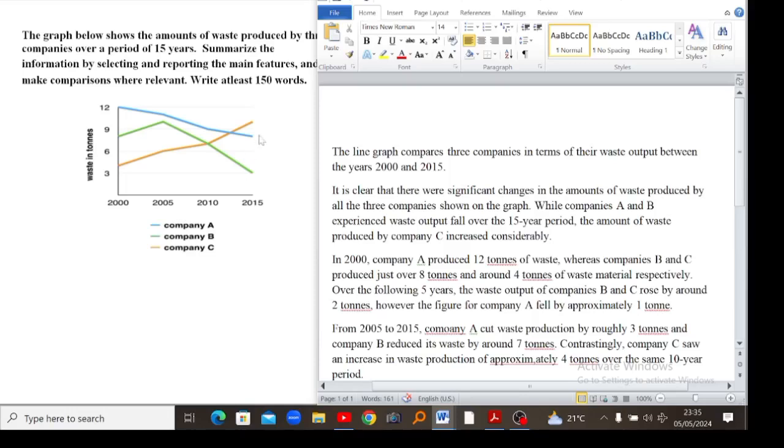So contrastingly, company C experienced what? An increase in waste production by approximately 4 tons, as you can see.